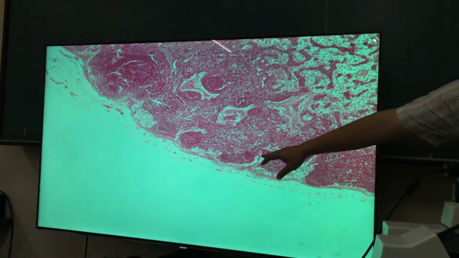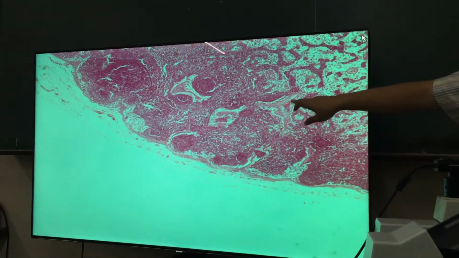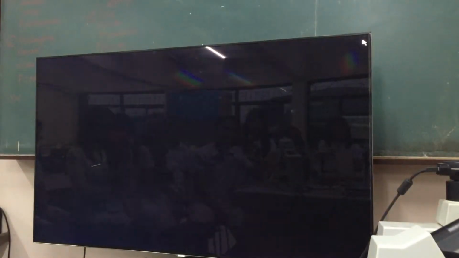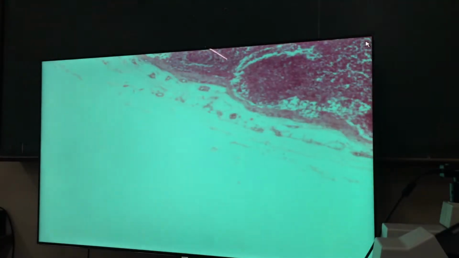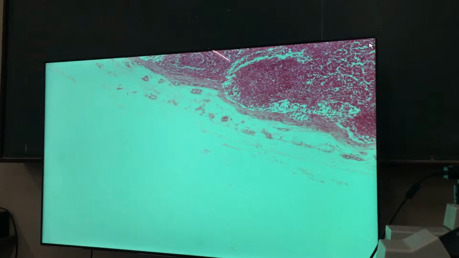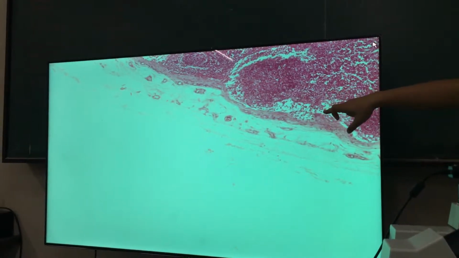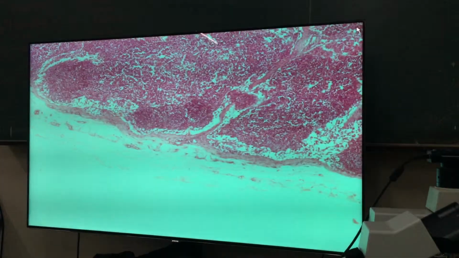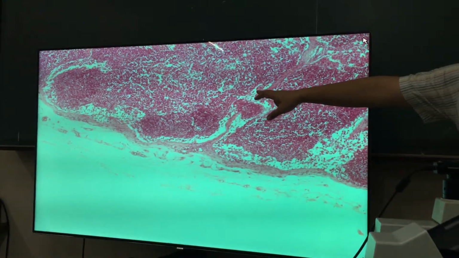You will see some portions going into the medulla. And then there's a sinus that will be seen underneath the capsule, called the marginal sinus or the subcapsular sinus, which would continue down as a trabecular sinus.